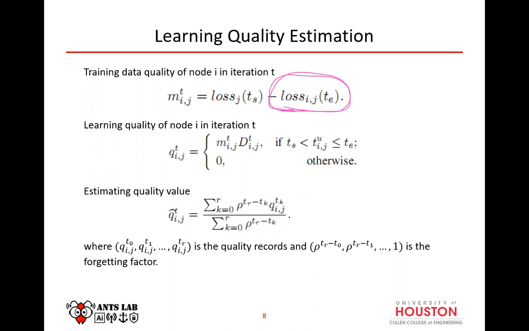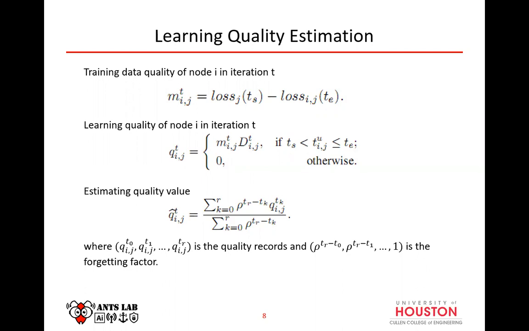This system in the following step will choose the nodes whose data distribution is closer to the global data set as the high quality training data, and they deprioritize the low quality nodes.